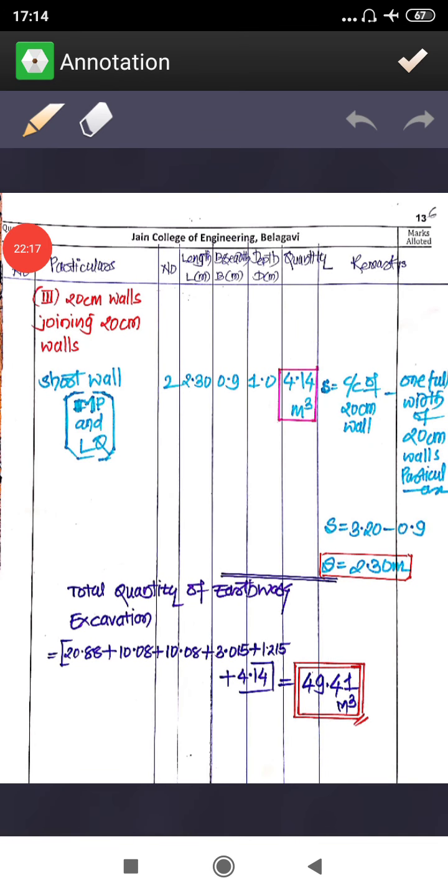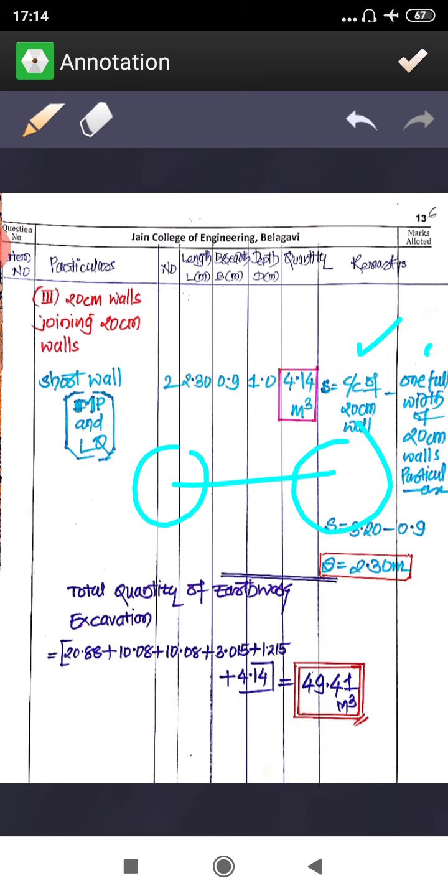Now the third section, that is 20 centimeter wall joining 20 centimeter, we are having two walls MP and LQ. So here the length of MP and LQ are center to center of 20 centimeter wall minus one full width of 20 centimeter wall. See here, how we are going to take, see, center to center of wall and this side half of the walls particular and this side half of the particular.